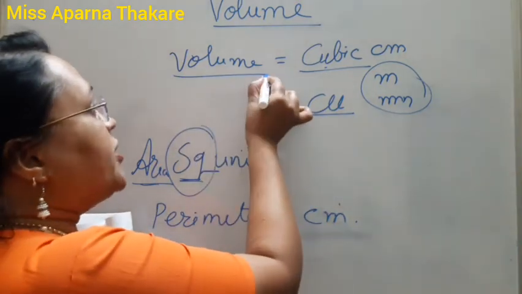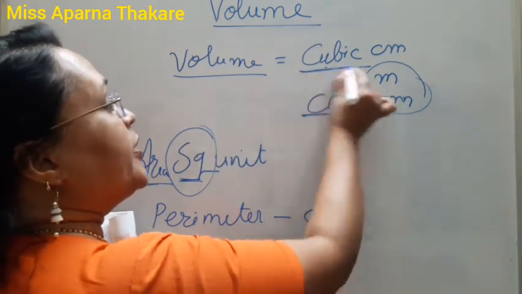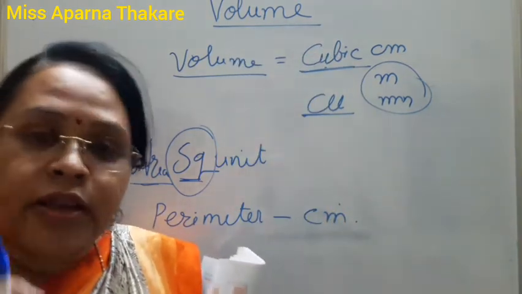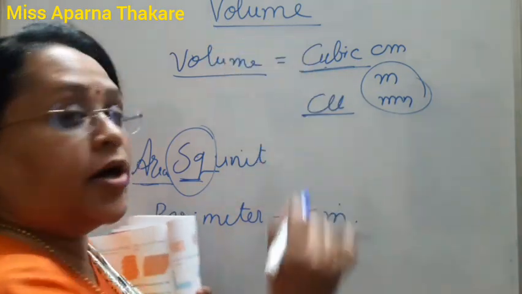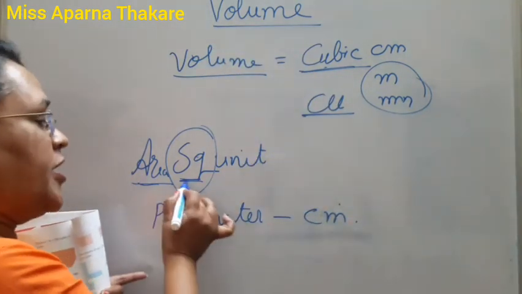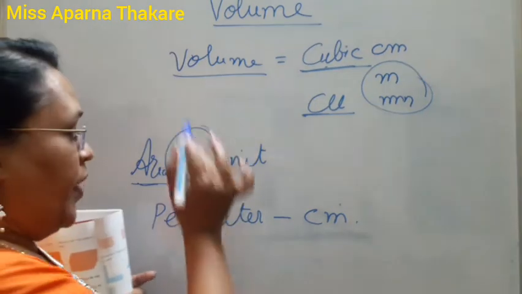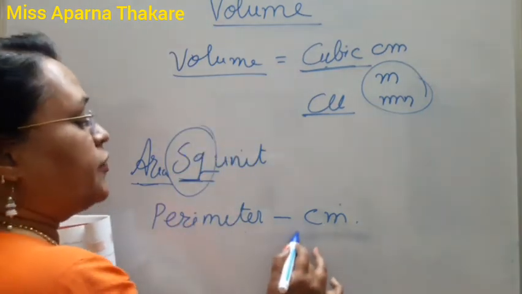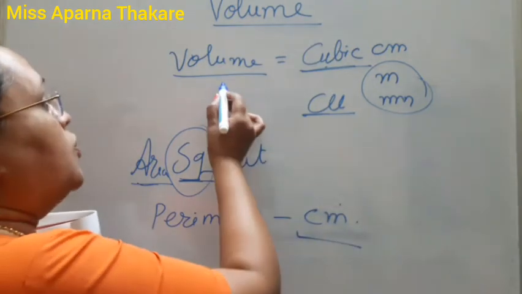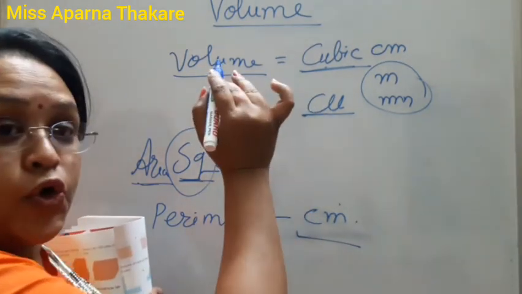And when we find the volume, we have to write a cubic. Whatever the problem, the answer for volume must be written as cubic. Remember, for area write square, for perimeter write the given unit as it is, and for volume write cubic.